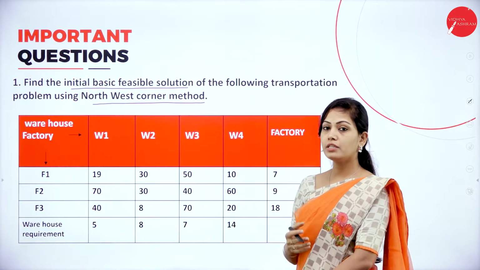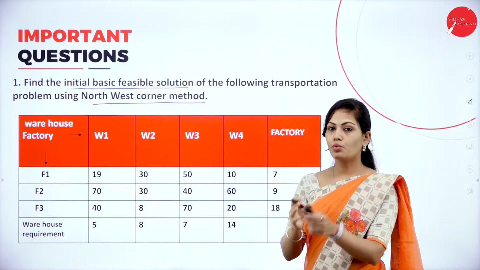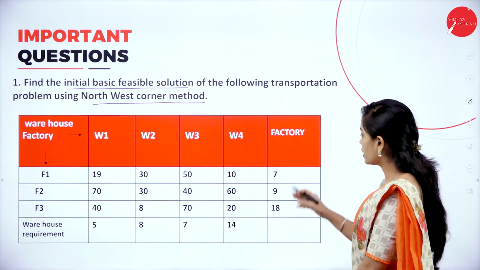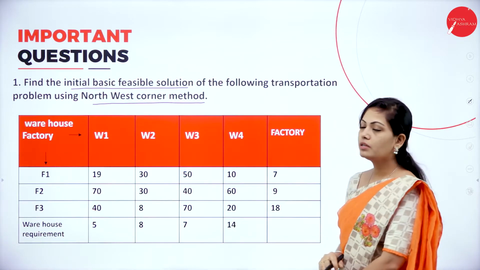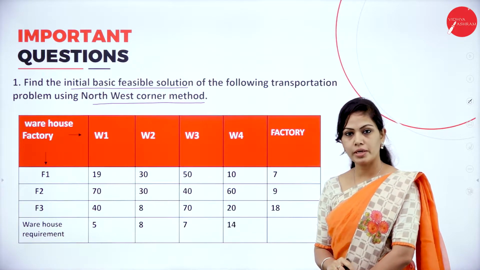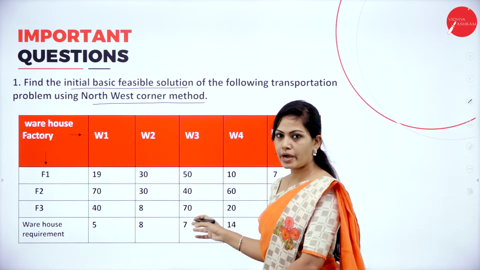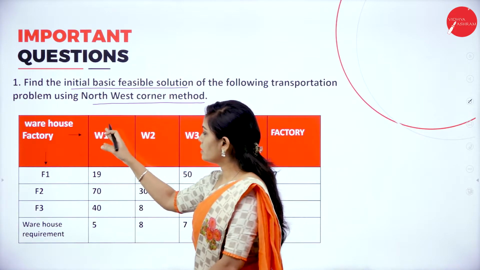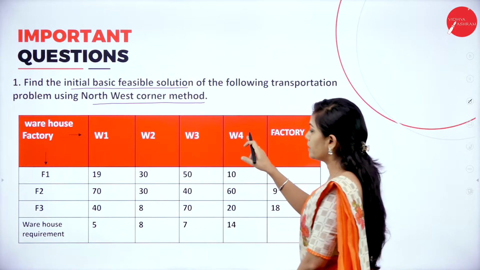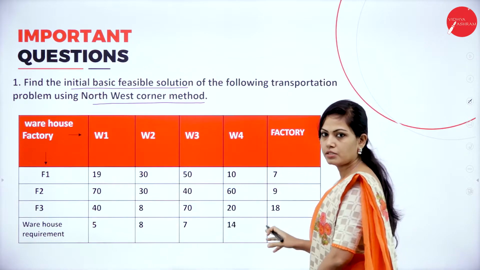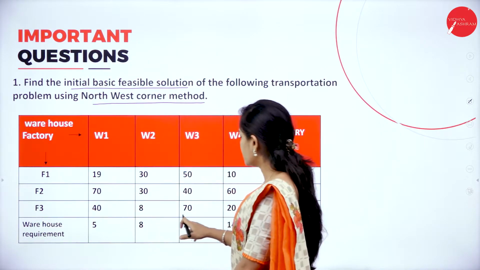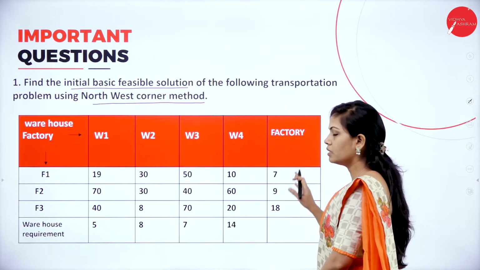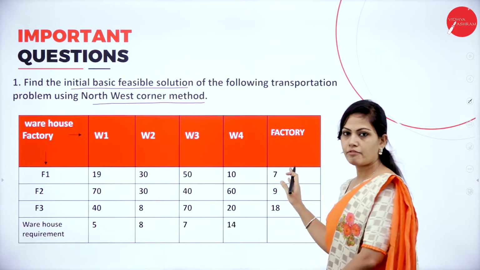So how to find the northwest corner method? What is the first step? First you have to check whether it is balanced or unbalanced. So how to find it is balanced problem or unbalanced problem? We have some requirements here. Warehouse W1, W2, W3 and W4 and factory charges we have, and warehouse requirement 5, 8, 7, 14. These are the demand and supply values.